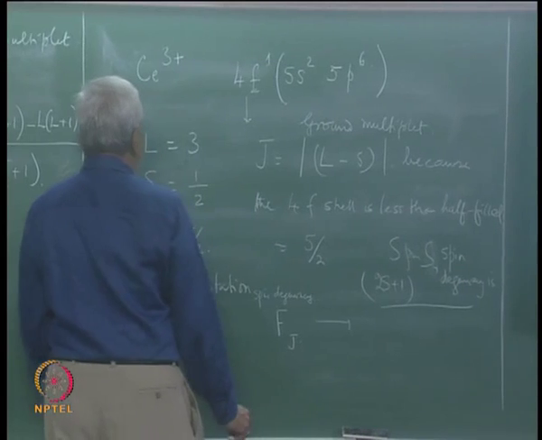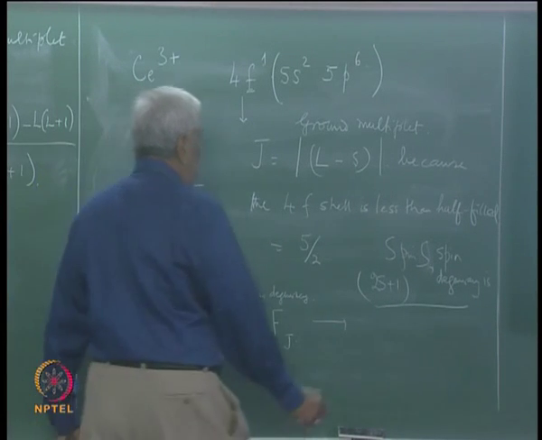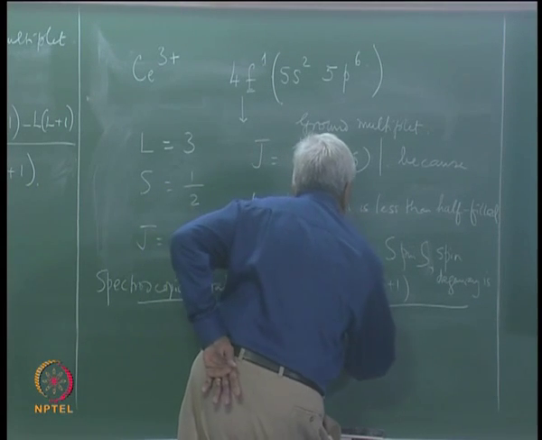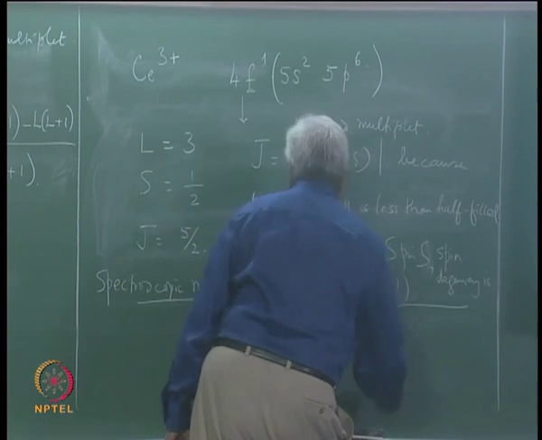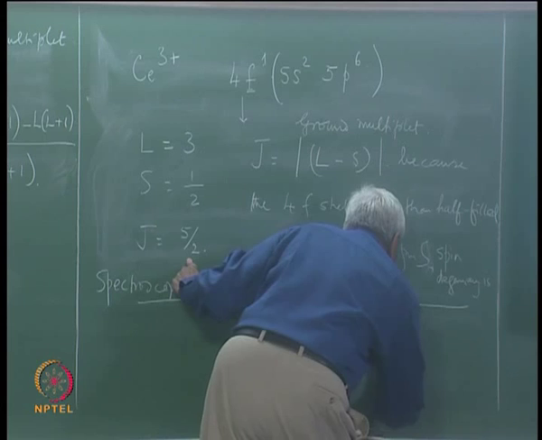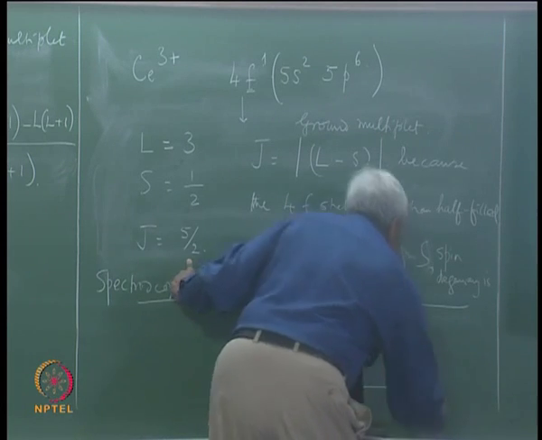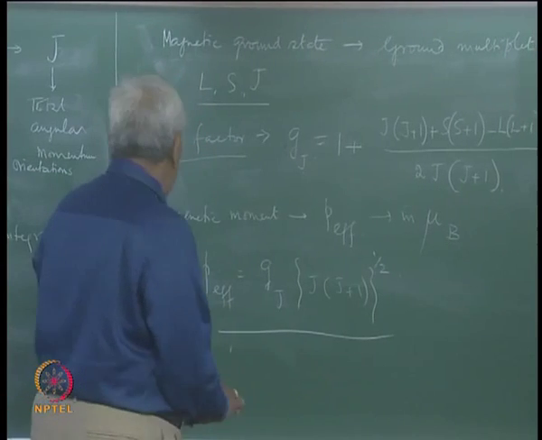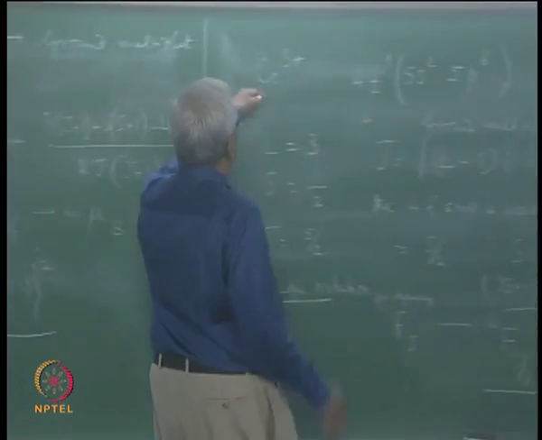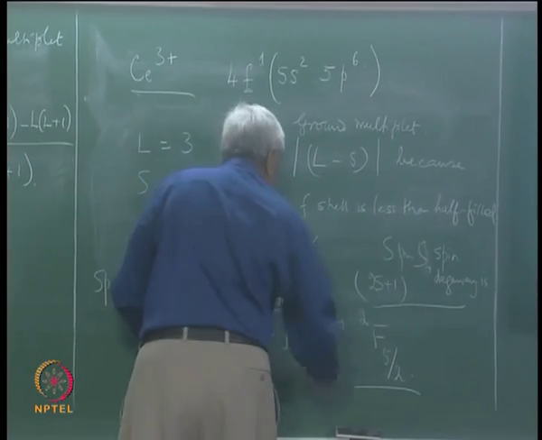In this case S is half, so 2S plus 1 is 2. So, it is 2F and the J value is 5 by 2. That is the notation for the ground multiplet for the cerium 3 plus ion.